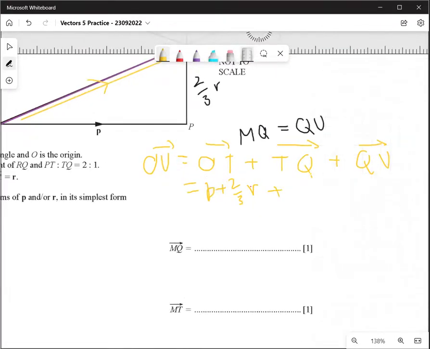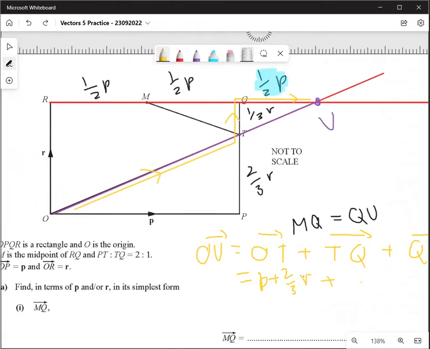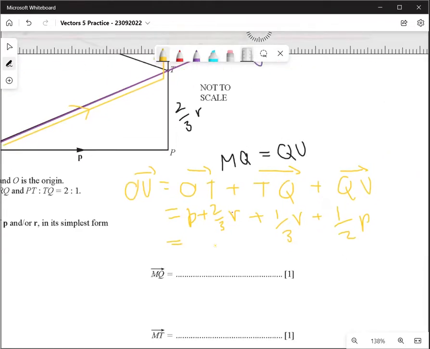Okay, plus what is TQ? TQ is 1 by 3R. And what is QU? QU is half P. So the answer is, wait, I'm going to write this.